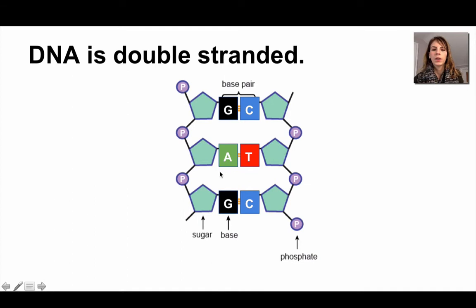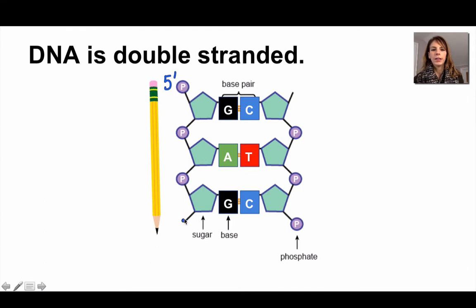The other thing that we want to take a look at with the structure of DNA is that there's different ends to the molecules. If we look at this strand here on the left, it has a phosphate group at one end, and we call this the 5' end.